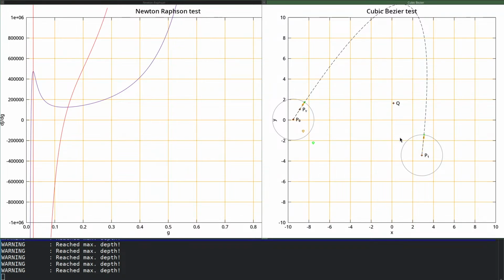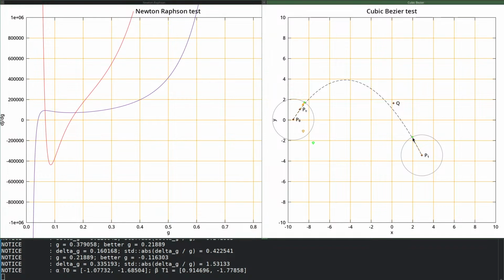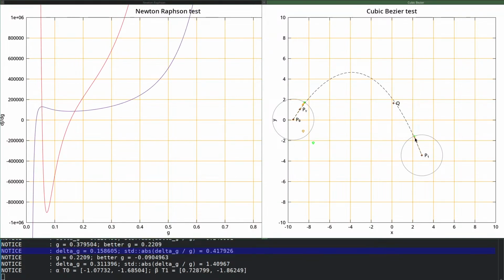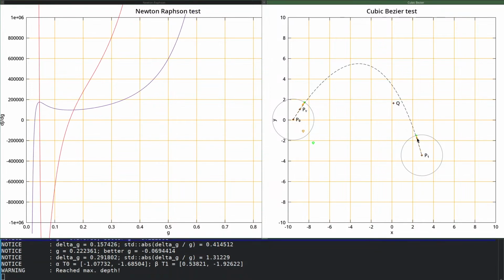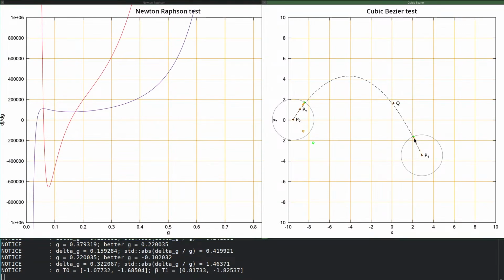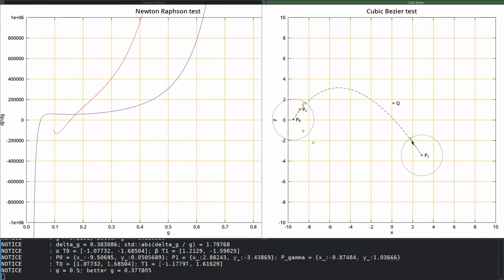That's a bit big. So I think I should scale it down. Well, that's still usable, but still, scaling down would probably be better.